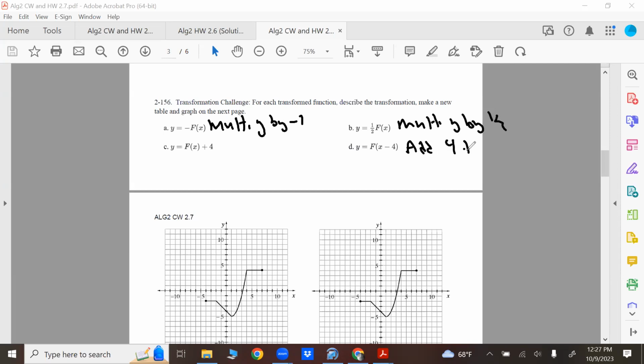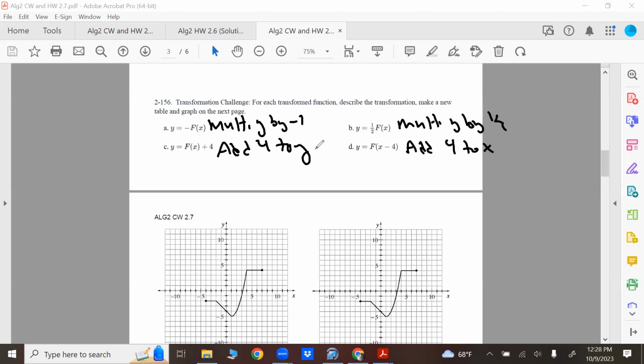Add 4 to x. Add 4 to y. So that's all you're doing. That's how you would transform it. You would take the table you made and make those changes based upon those transformations. But we're not going to actually graph those because it just takes a while. I'm not going to make a new table and new graph. It just takes too long.